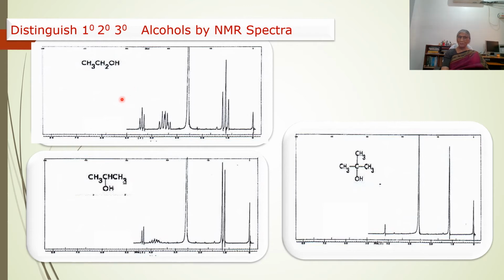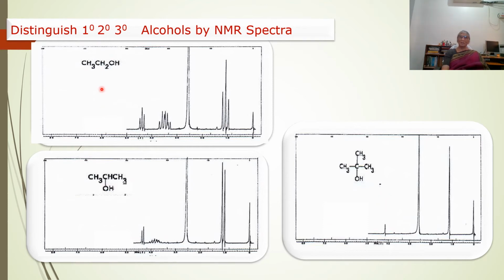It will be a triplet. Similarly, in the case of a secondary alcohol, the carbon atom will bear only 1 proton, so the hydroxyl peak will show a doublet. And in the tertiary alcohol, the hydroxyl signal will be a singlet.